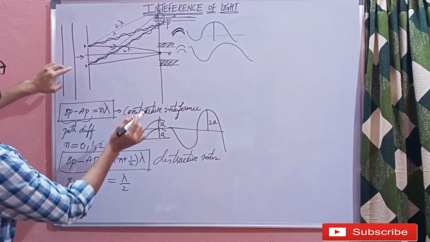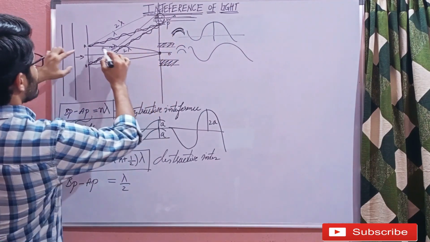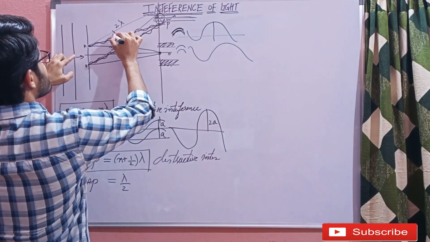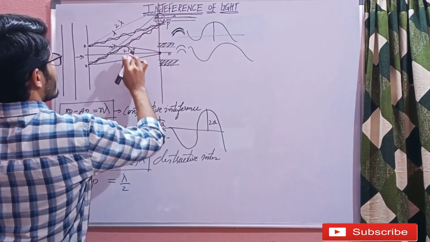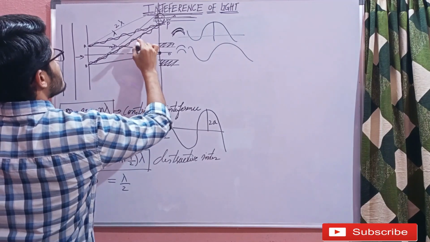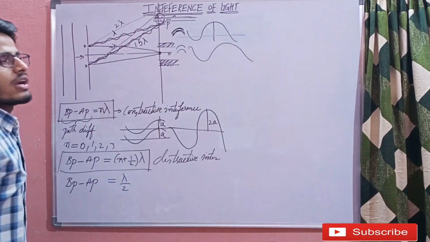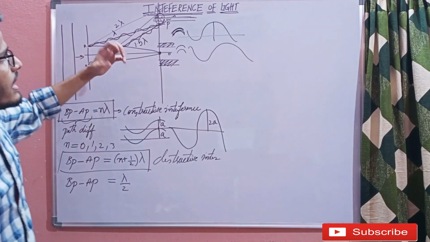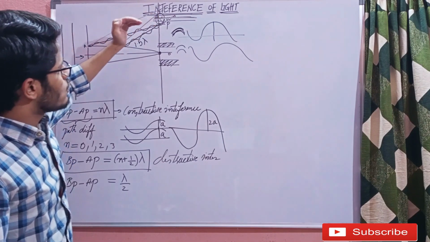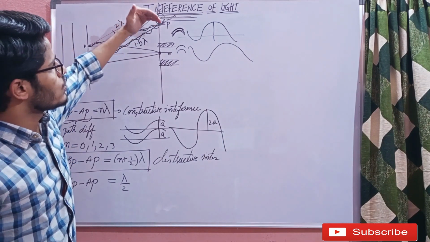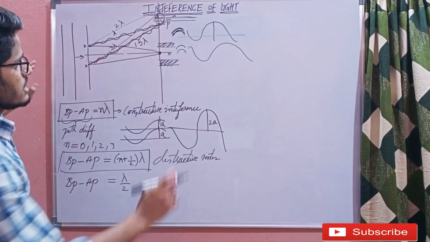on the final screen, suppose we take a point P, the ray 1 has traveled lambda distance to reach the point P, and the ray 2 has traveled 1.5 lambda to reach the point P. So what kind of shapes, whether we will be getting both at the top on the point P or what, we'll see now.